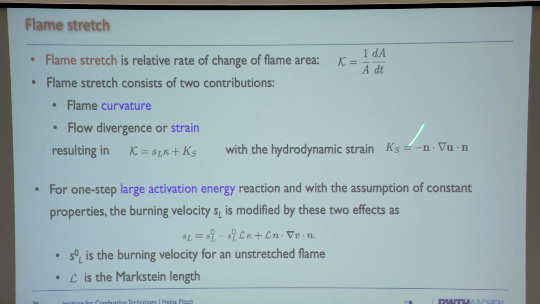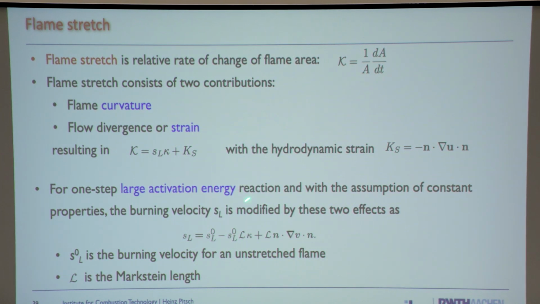People have studied this, and there are analytic or asymptotic solutions here for one-step chemistry and the large activation energy assumption, and this is how the effects of stretch affect the burning velocity. The burning velocity is the unstretched burning velocity minus a term that involves the curvature, plus a term that involves the strain.